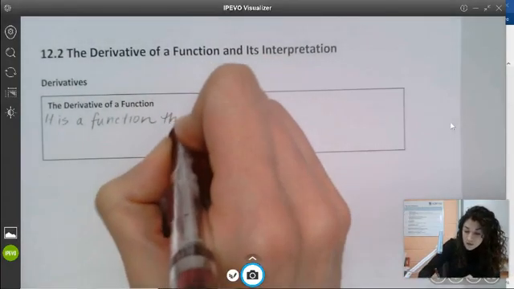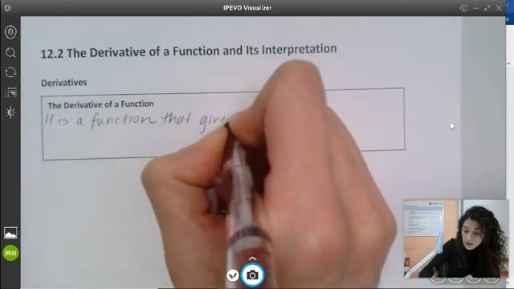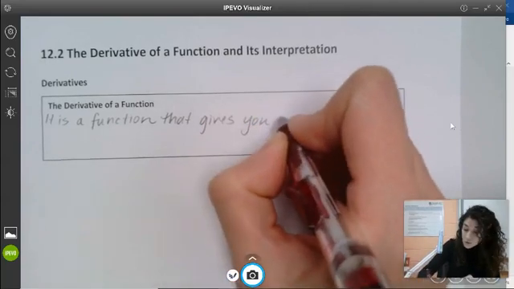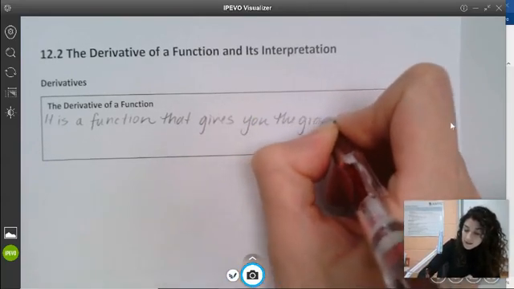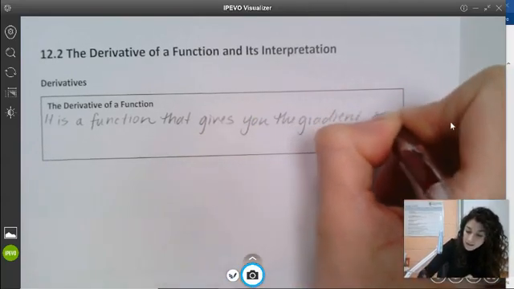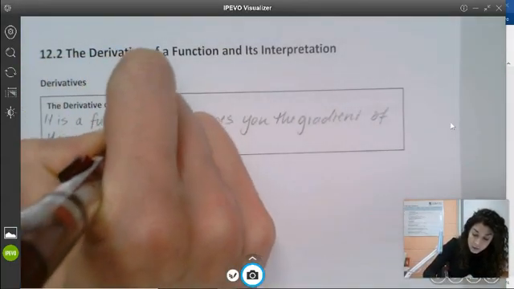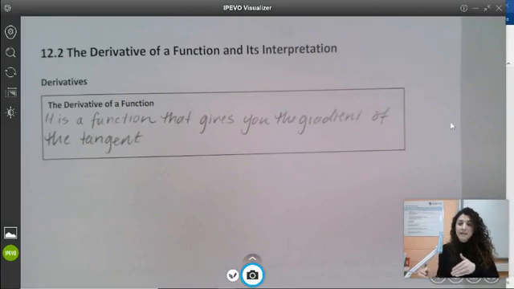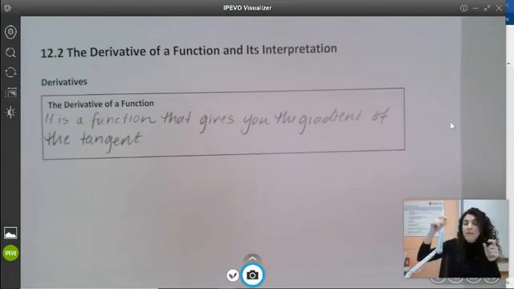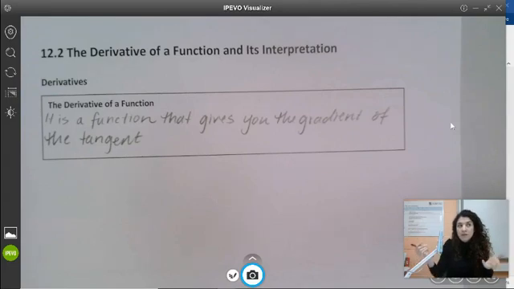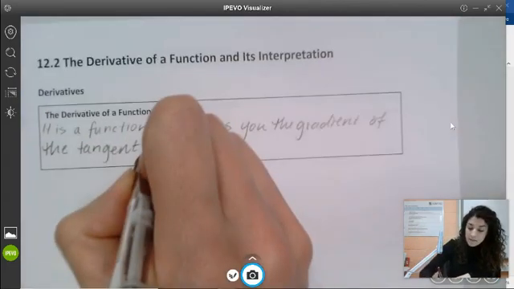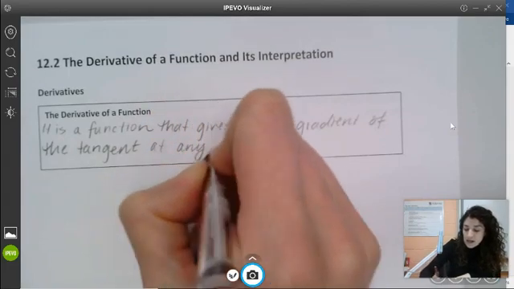And it's a function that gives you the gradient of the tangent line. So what we've been doing so far is drawing in our best guess of the tangent line and then finding 2 points on that tangent line and using our slope formula to find the slope at this 1 point for the tangent line at any point.